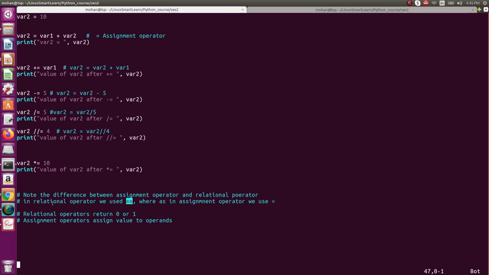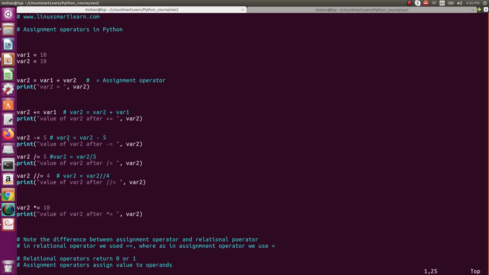So those were the relational operators. Whereas for the assignment operator, we use a single equal to, to assign the value, whereas relational operators are used to compare the values. And as a note, relational operators return only ones or zeros, whereas assignment operators are used to assign the value to the operands.